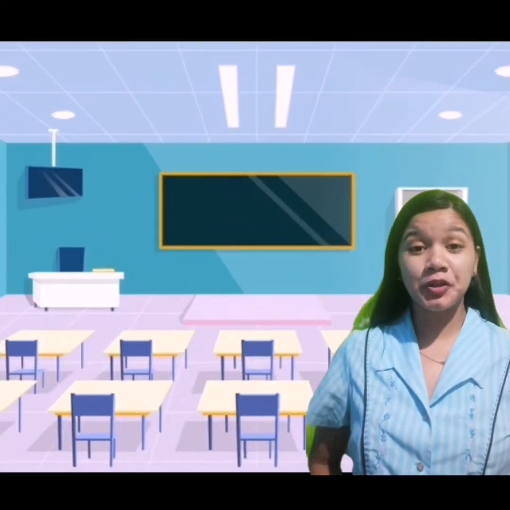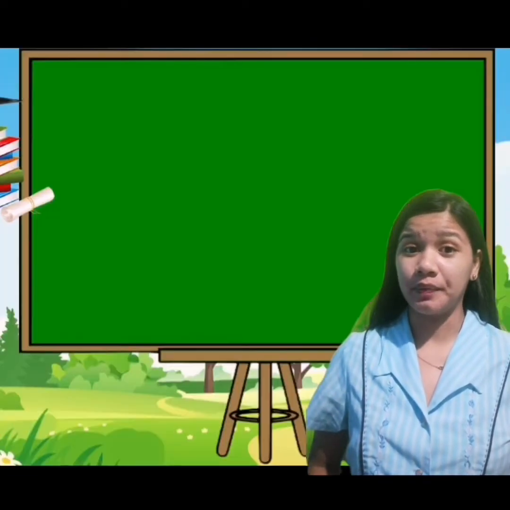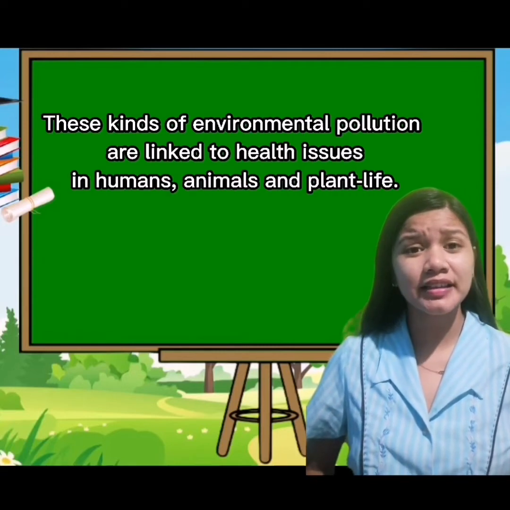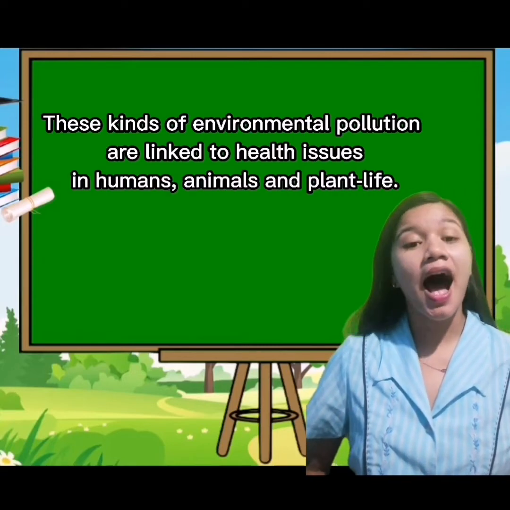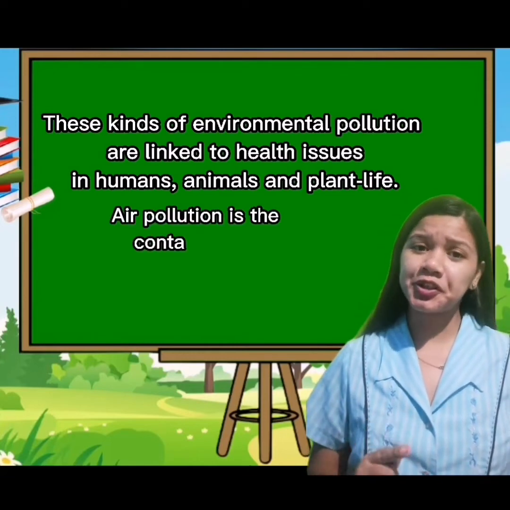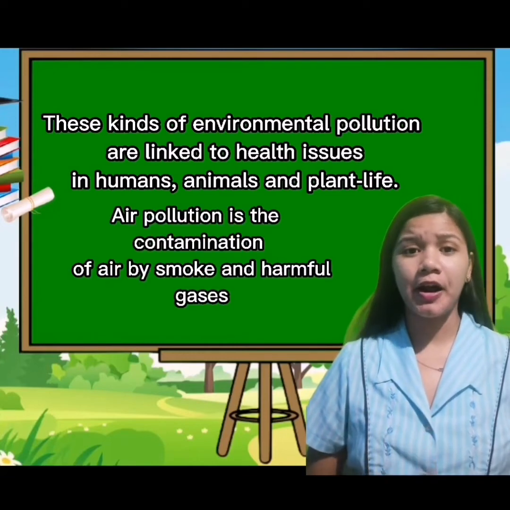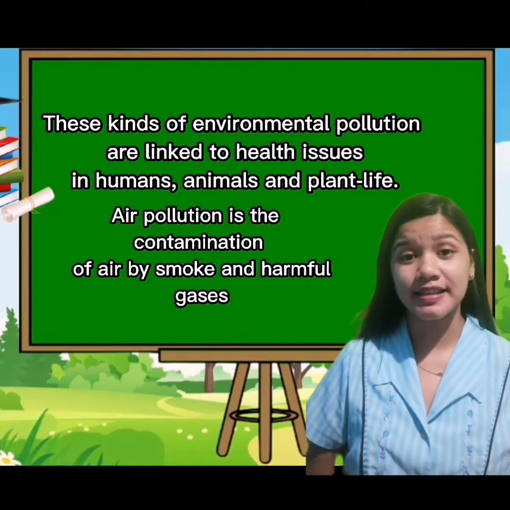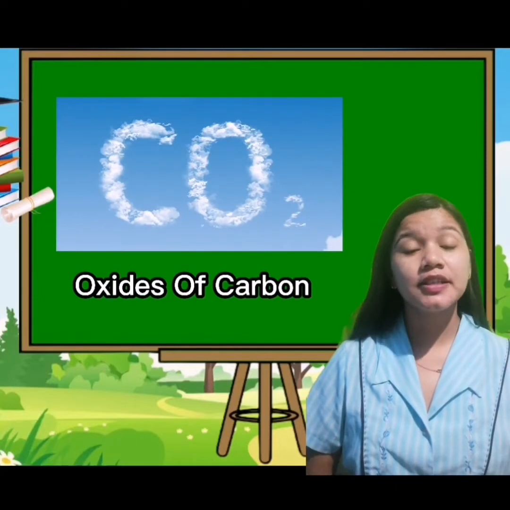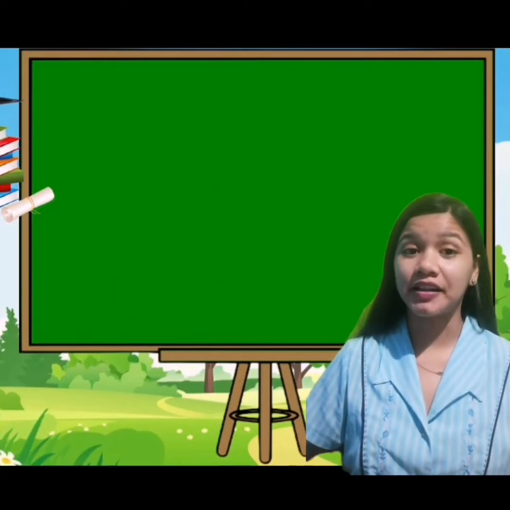Second type of pollution is air pollution. This kind of environmental pollution is linked to health issues in humans, animals, and plant life. Air pollution is the contamination of air by smoke and harmful gases, mainly oxides of carbon, sulfur, and nitrogen.